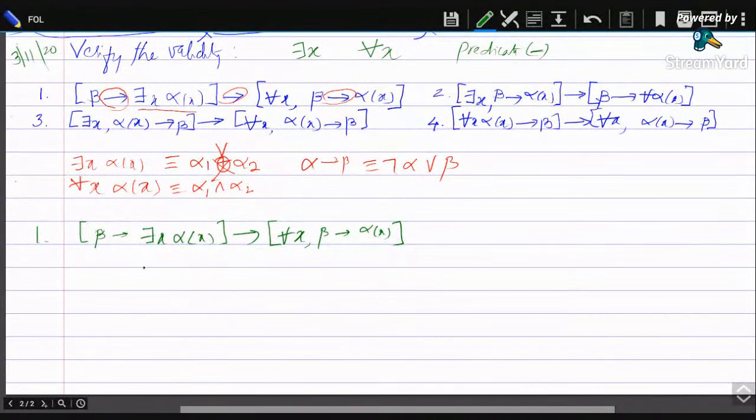Now there are two ways of representing. One, what is say this operator for all or there exists is directly attached to a predicate, or it is attached to a sentence via a comma signature. Whenever you say comma, that means this whole thing is one object, and for this object this is true.